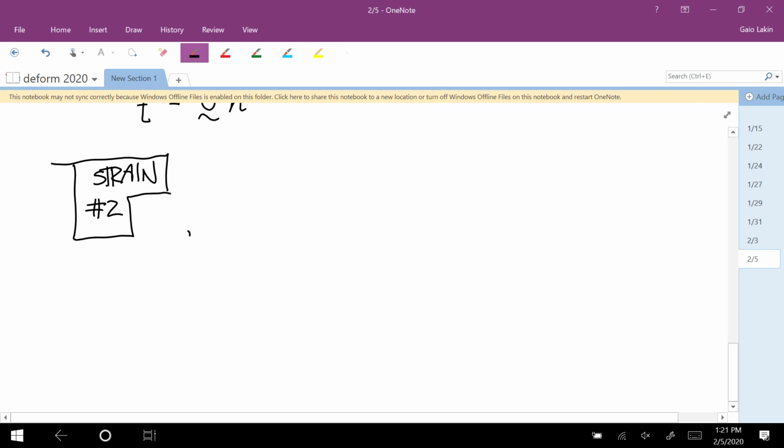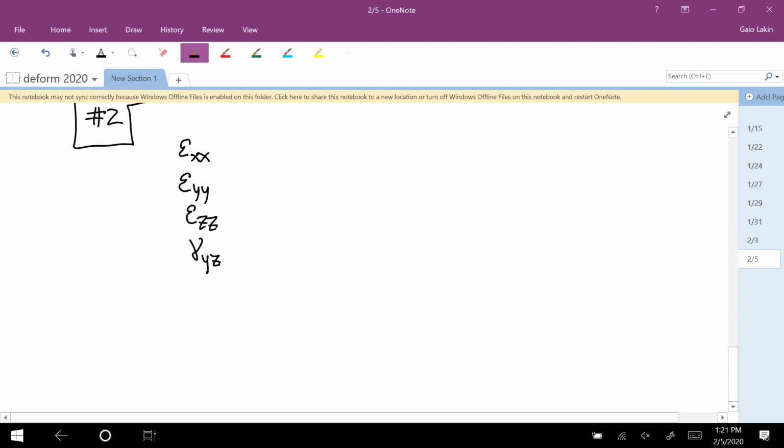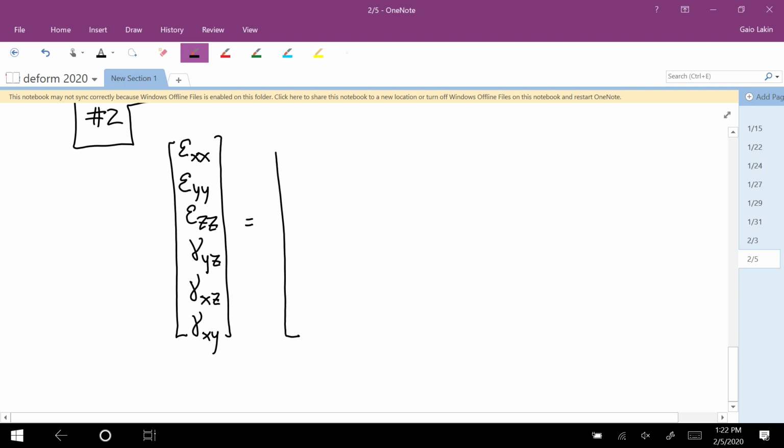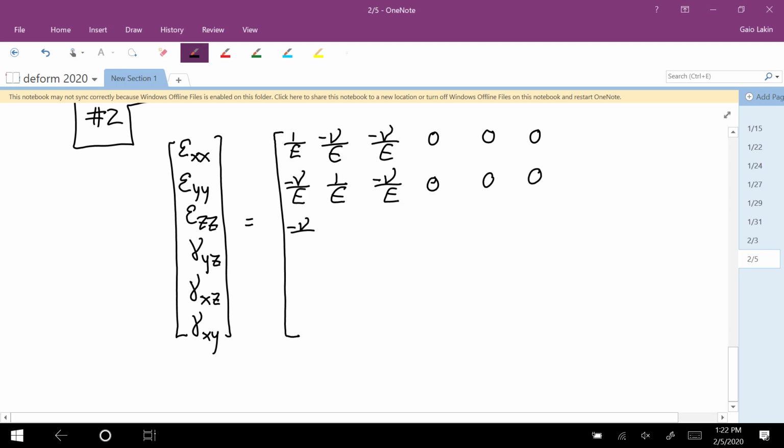The relationship is the Voigt strain is equal to the compliance matrix. Okay, half done.